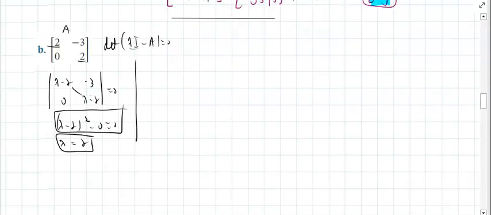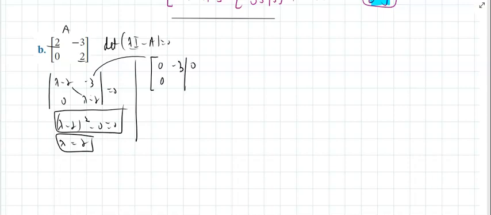So if I take 2 and I put it in there, I'm looking at 0, negative 2, negative 3, 0, 0, 0, 0. Well, what does that mean? That means that x1 would be 3.